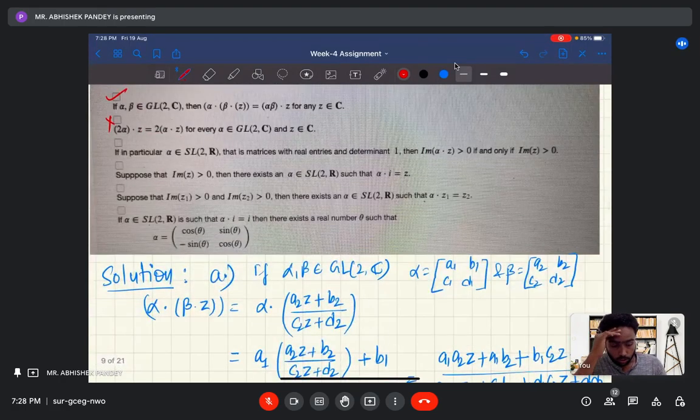Now the third one is a well-known result. If in particular alpha belongs to SL2R, that is the collection of all matrices with real entries and determinant 1, then the imaginary part of alpha dot z is positive if and only if the imaginary part of z is greater than 0.